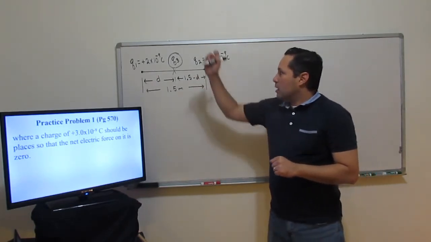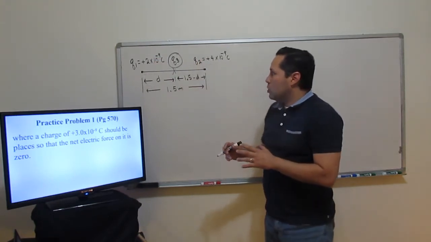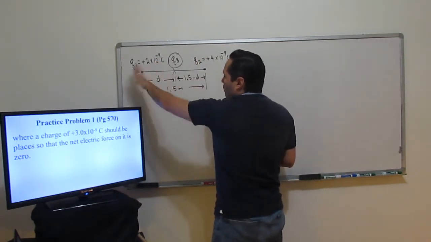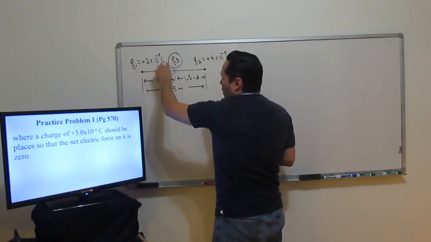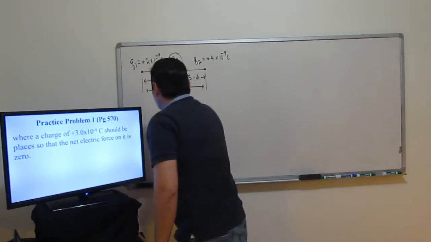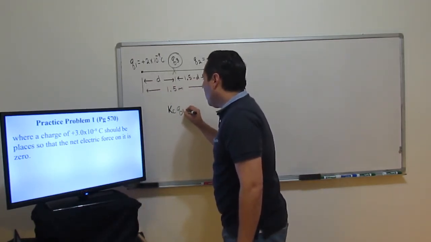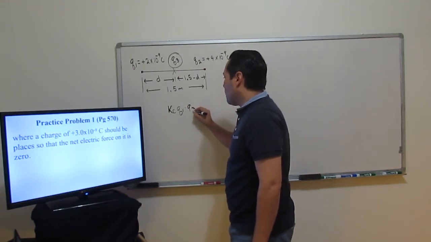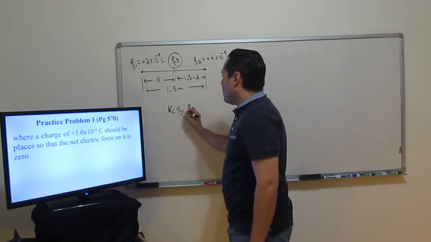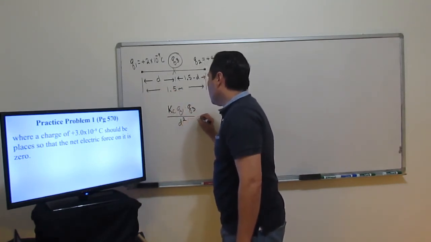Now, again, the force from the left was equal to the force from the right, so they equal each other. What is the force from the left side between Q1 and Q3? Let's put the formula for it. It's going to be Coulomb's constant, multiplied times Q1 times Q3, divided by the distance between them, D squared.